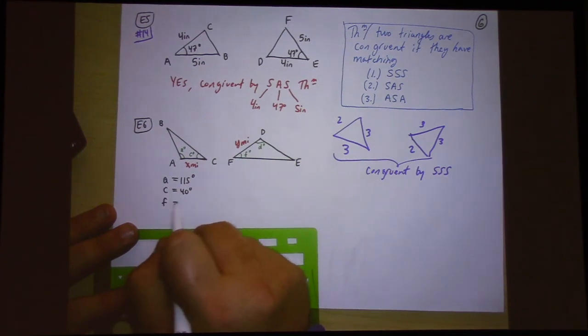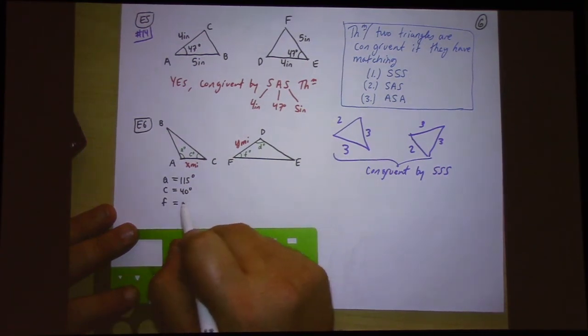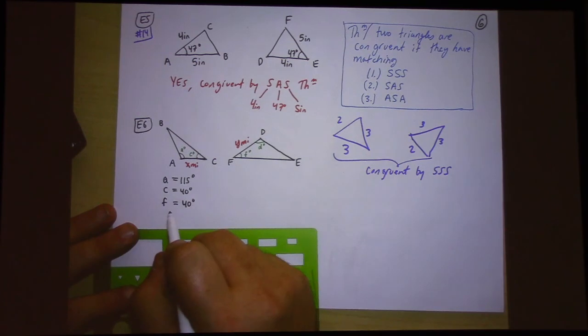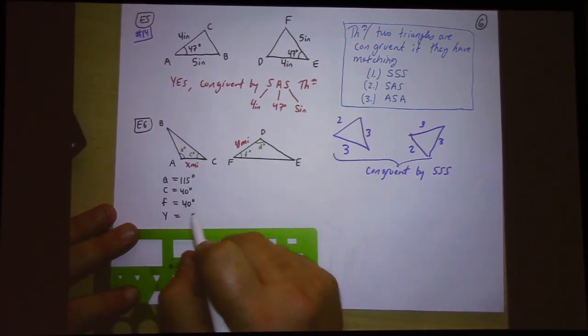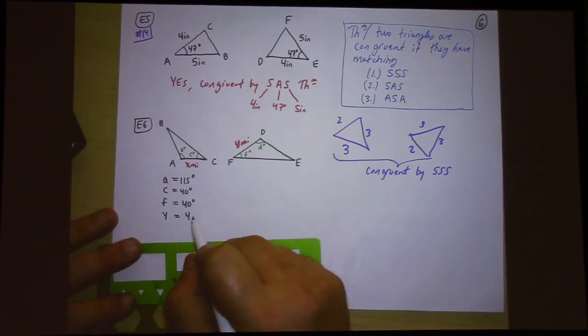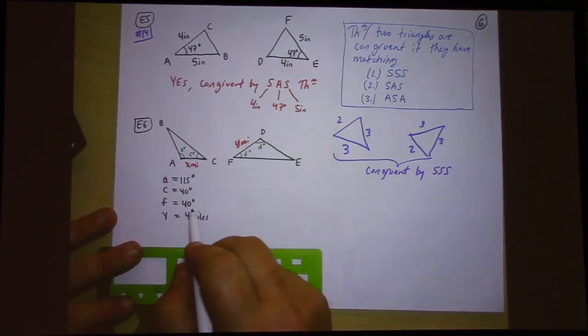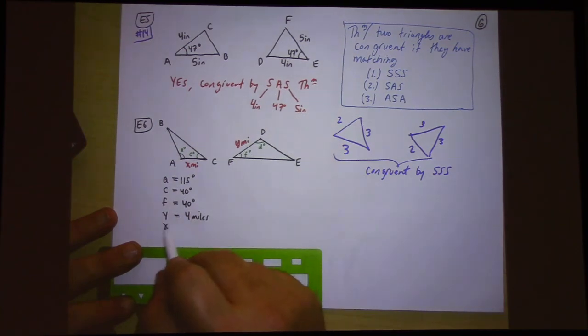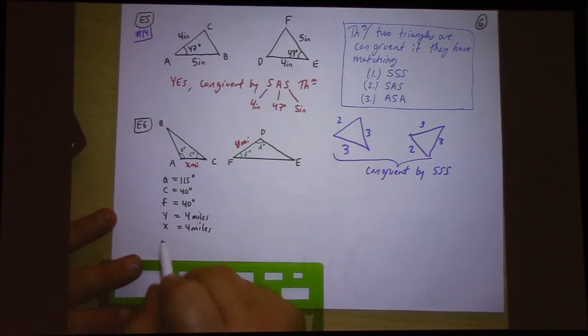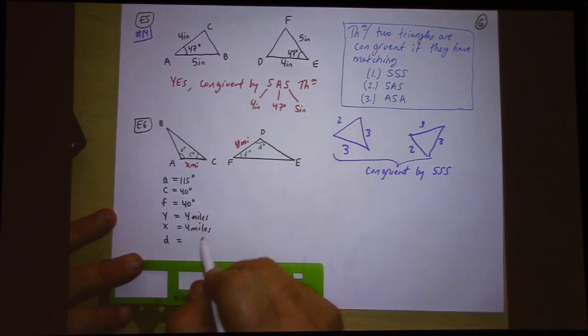F is equal to 40 degrees. Y is equal to 4 miles. X is also equal to 4 miles. I think I missed something. What was D equal to? D is equal to 115 degrees. So what do you guys think?